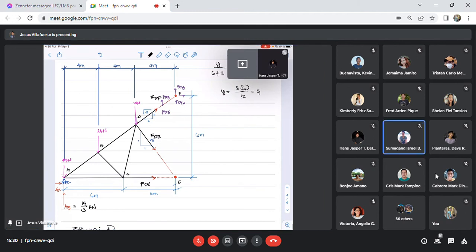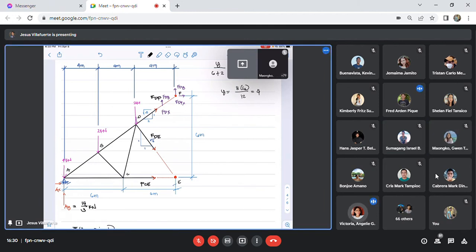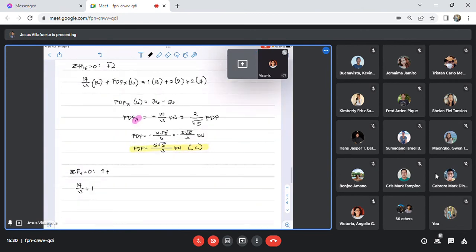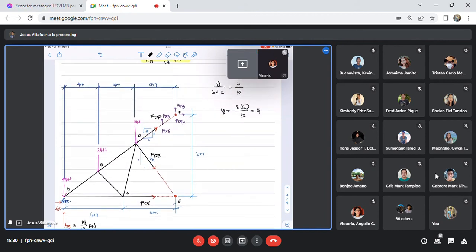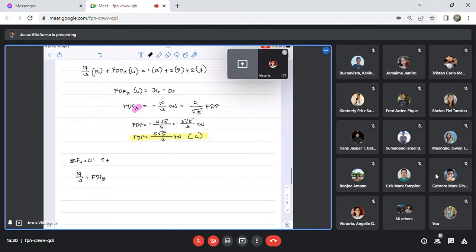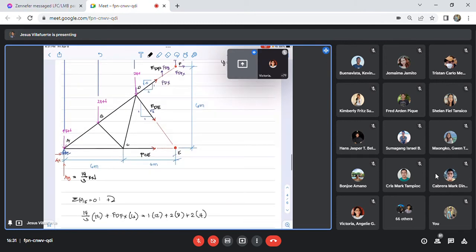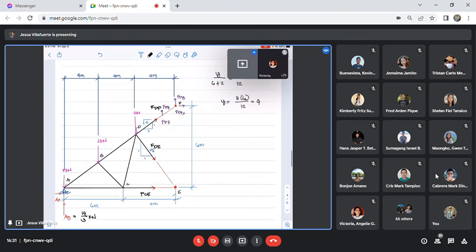FDF, sir. FDFY. Correct. Plus FDFY. What else? There is nothing else going up, so it is equal to going down. What are the forces going down? That is 1 plus 2 plus 2. That's 5.